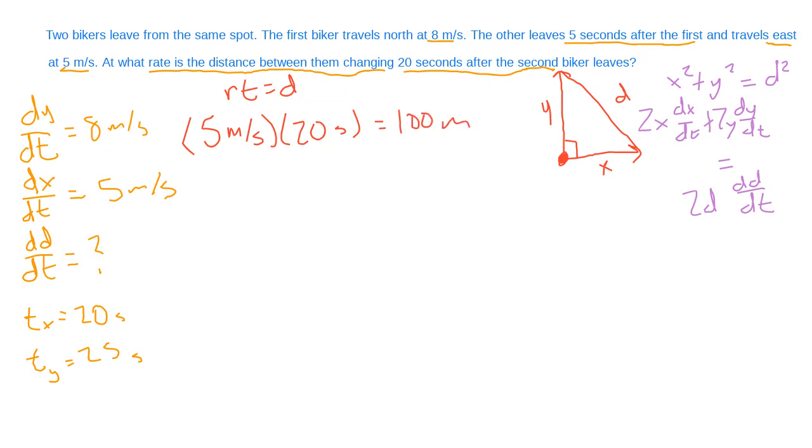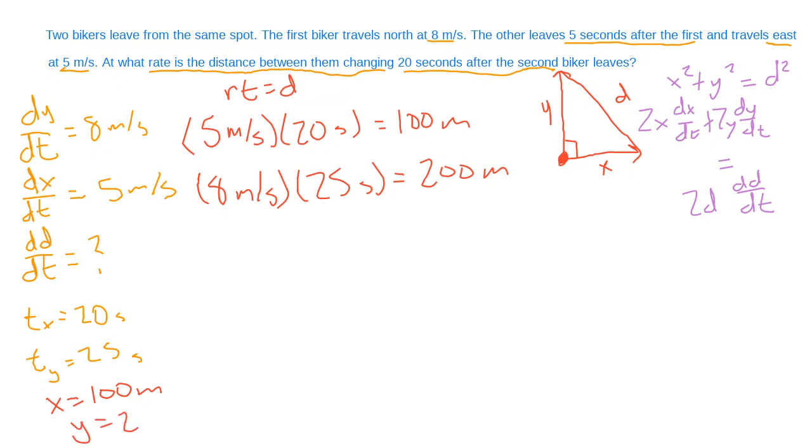So therefore, we can say x equals 100 meters. Similarly, we can do the same thing with our y. We know that he is traveling 8 meters per second, and we know he's been riding for 25 seconds. Therefore, he traveled 200 meters in that time. So now we have our x and y, but we still don't know our d.